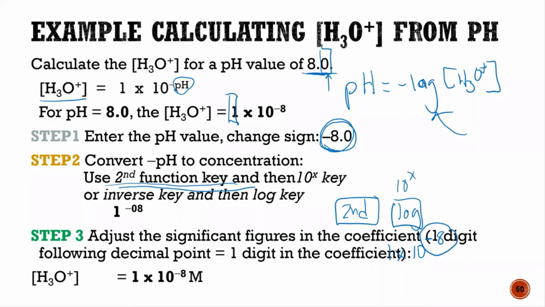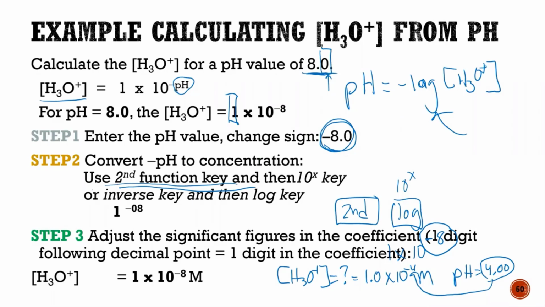So what is the hydronium concentration if it's a pH of 4.00? Well, that'd be easy. It's 1.0 times 10 to the negative 4. Why? I'm just taking the negative value of this, putting it in that exponent, and for sig figs, there's 2 after the decimal in 4.00, so there's 2 for the concentration.